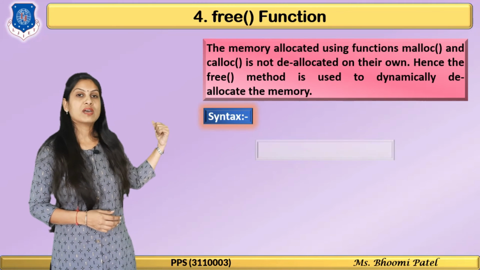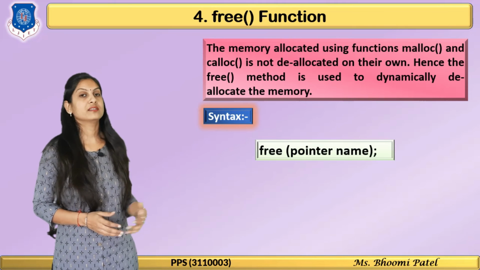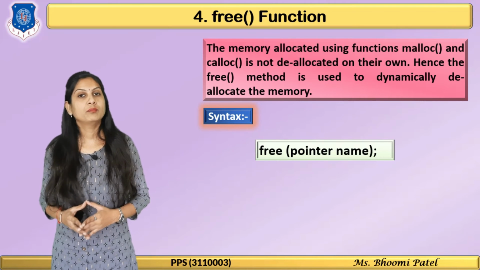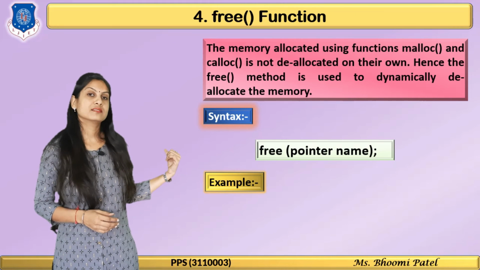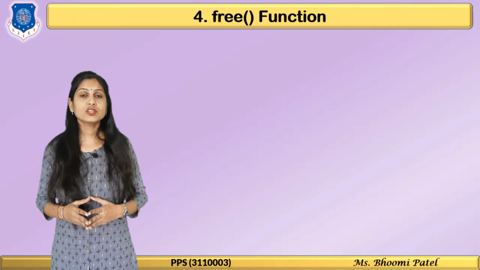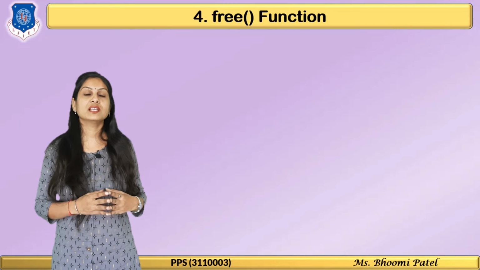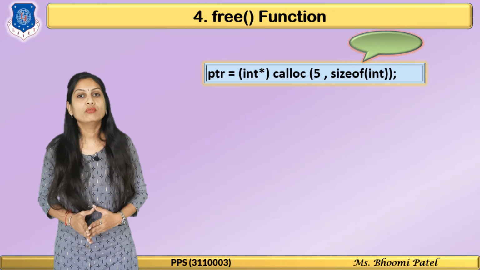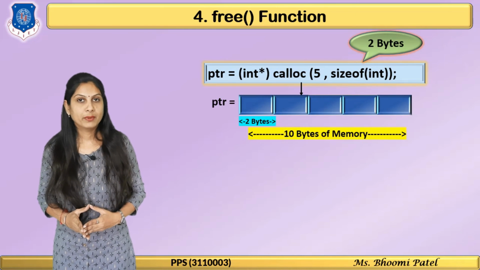The syntax is very simple. First we write free and then inside it we write the pointer name. The example is the same: free and then the pointer, suppose ptr. So the memory previously allocated using malloc or calloc will now be free for another purpose.